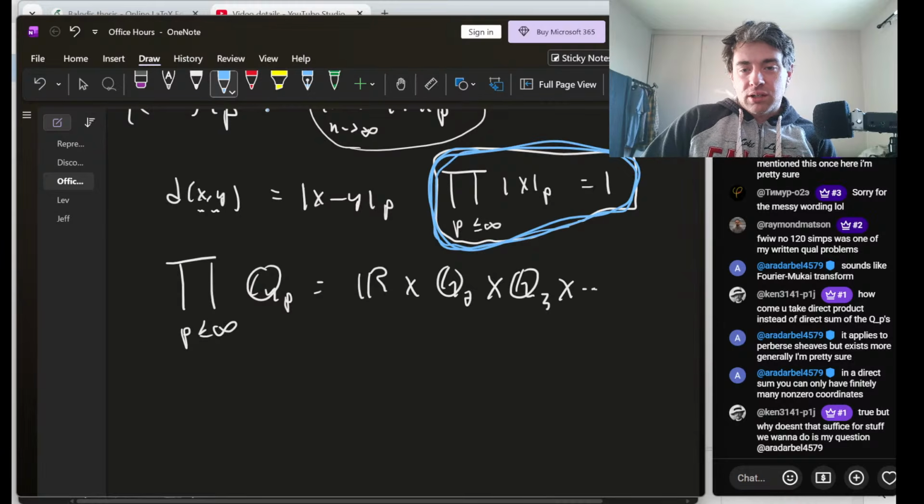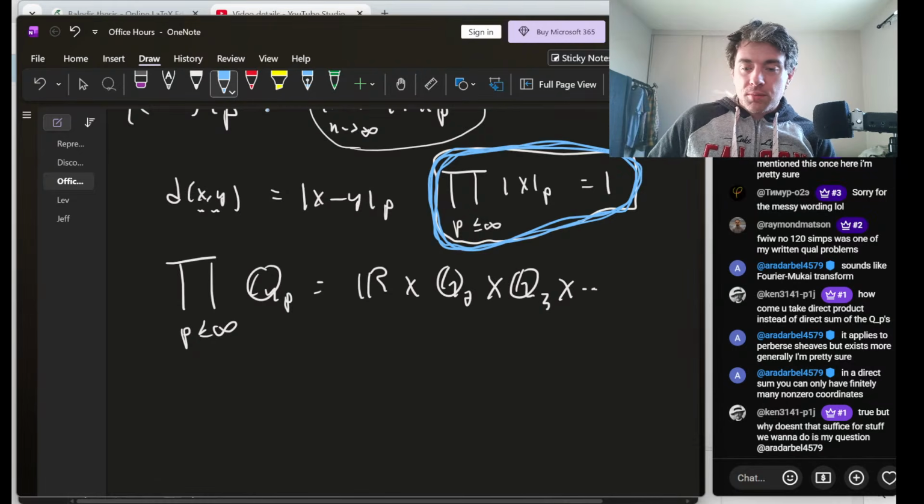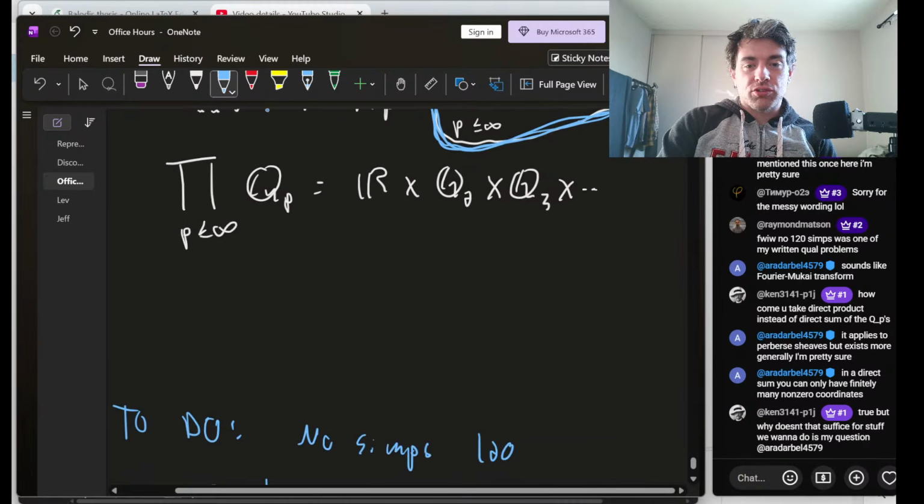As a post hoc, I can tell you some nice theorems about analysis on the Adeles, and then as a post hoc rationalization, we could say, well, this was the right thing all along. But why did people do this in the first place? I don't know. Maybe you should investigate the direct sum.